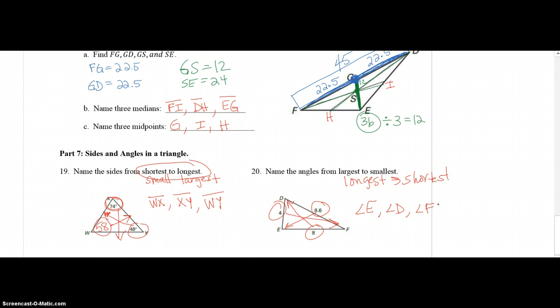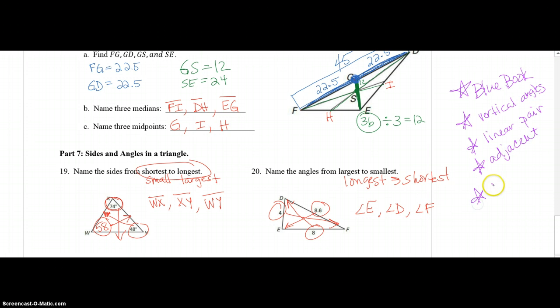Now, that is all we covered in this review, but I do want to remind you, you get to use your blue book. And I would also recall what vertical angles are. Linear pair. What does adjacent mean?